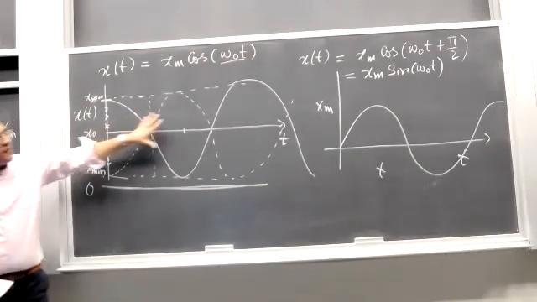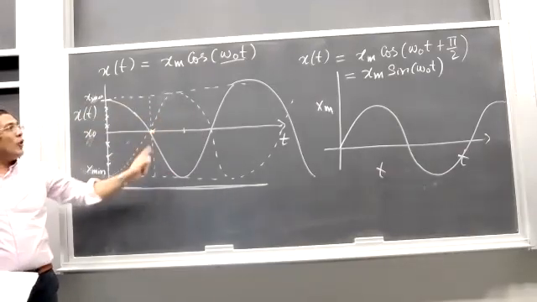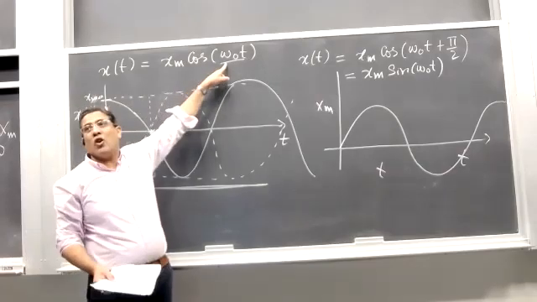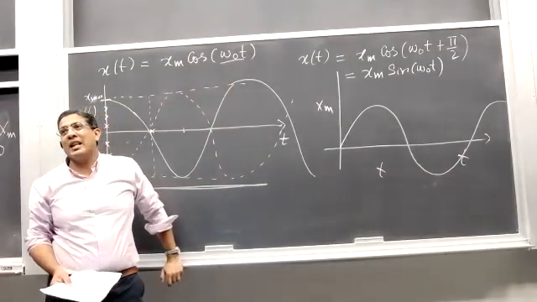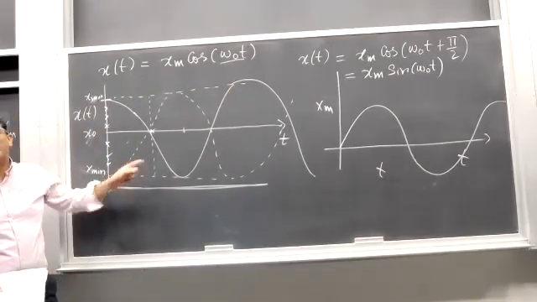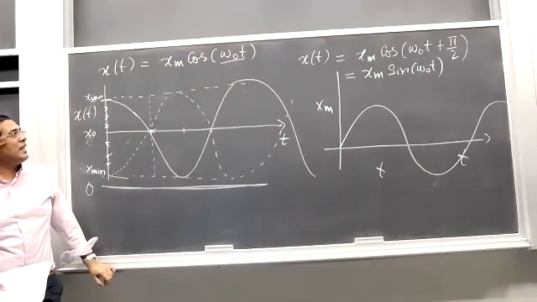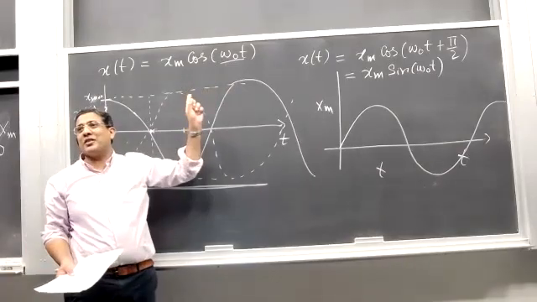But you see the fashion in which this moves and how fast it goes back and forth only depends on the quantity called omega naught. As you can see, omega naught is the angular frequency, the frequency of oscillation of the simple harmonic oscillator, and it's intrinsic to the system.